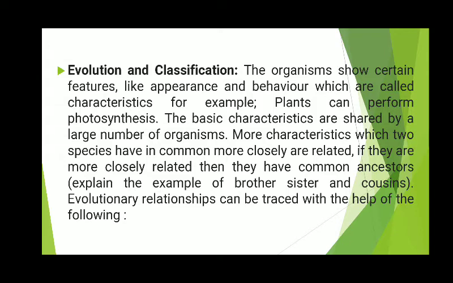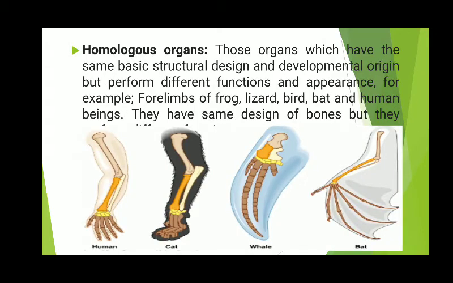Important sources which provide evidences for evolution are homologous organs, analogous organs, and fossils. Today, let us discuss briefly homologous organs and analogous organs. What are homologous organs?